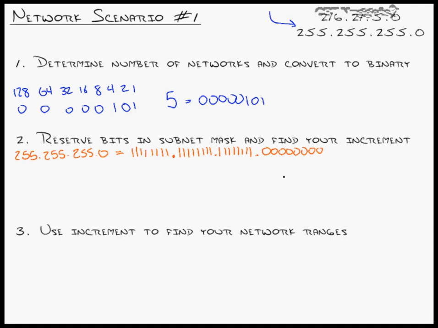255.255.255.0. The binary equivalent is 3 groups of 1s, 8 1s each. 255 is 8 1s in binary, and 0 is 8 zeros in binary, just as you see here.